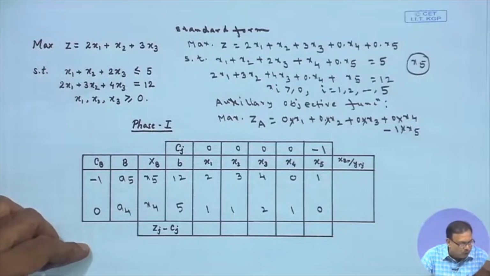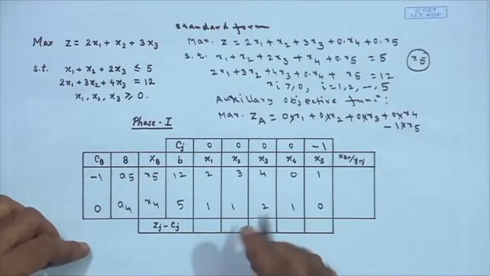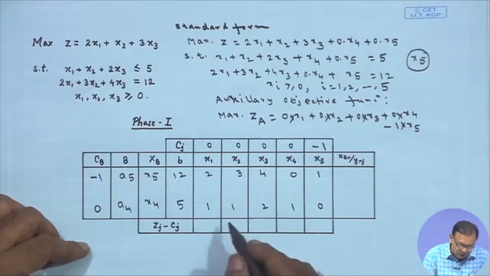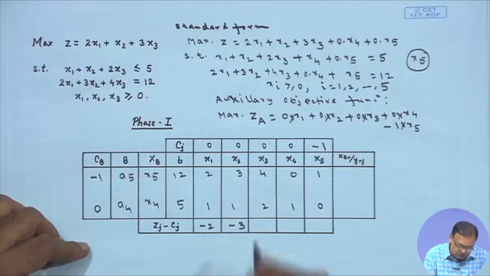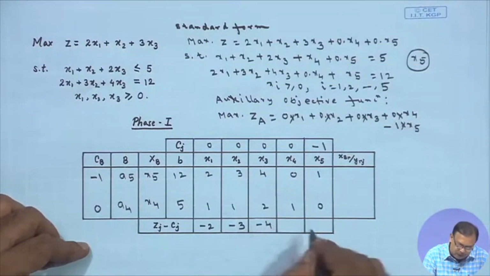Once you obtain this, you can calculate the value of Zj minus Cj as usual, and check whether Zj minus Cj is greater than equals 0 or not, and you will repeat the process. So, Zj minus Cj, if you calculate CBXB minus Cj, it is equals to minus 2, minus 4, 0 and 0.